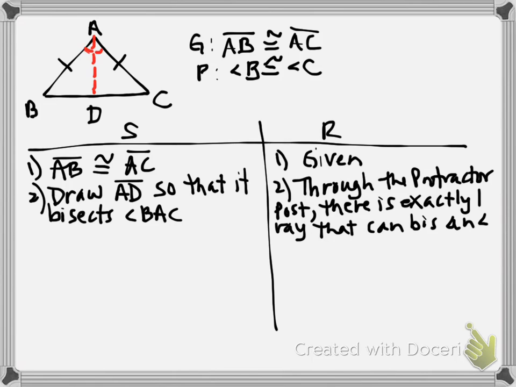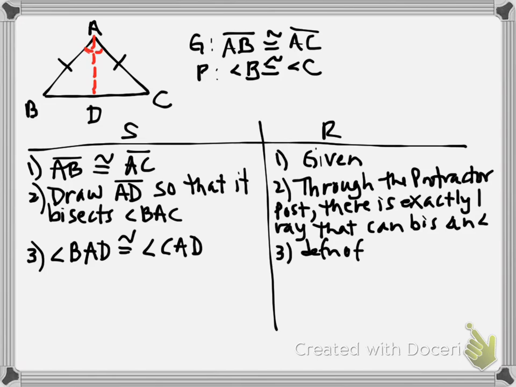All right. So now that I have an angle bisector, the definition of an angle bisector says I get two angles that are created. Now, I got to look at the orientation. Are my two triangles facing the same direction? No, they're kind of facing opposite directions from each other. So angle BAD, now remember here in the proving, B and C correspond, so this would be angle CAD. That's your definition of an angle bisector.